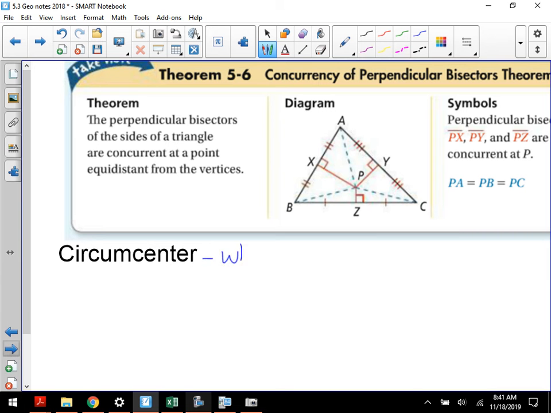It's where perpendicular bisectors intersect. The circumcenter is where perpendicular bisectors intersect, and I'll draw another picture of that off to the side.